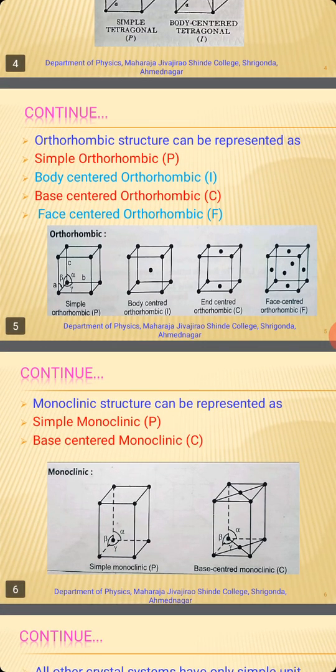The next is the monoclinic crystal structure. Monoclinic crystal structure will have two types of Bravais lattices. One is simple, that is atoms are situated at the corners only, and another one is base centered. It means that there are extra two atoms which are located at the center of the base.